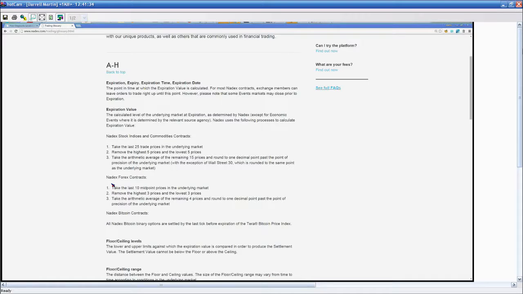Like, Euro USD has a 4 decimal quote, 4 pips, 0.0000. They get 1 more decimal past that, and they round the number to that 1 decimal point past that, okay? And that becomes the settlement value of the Forex contract.